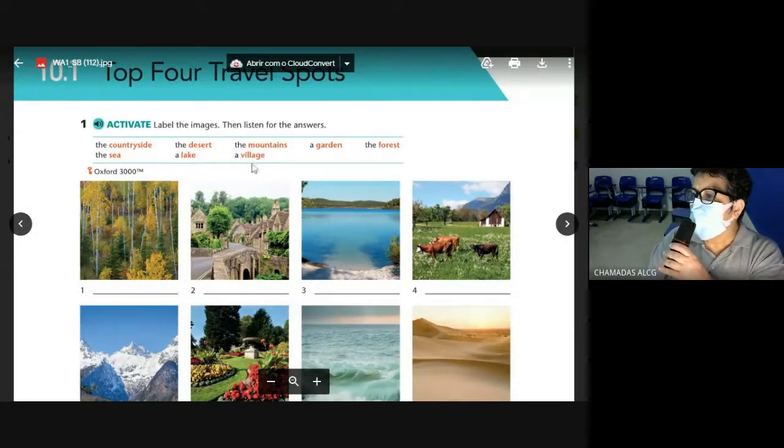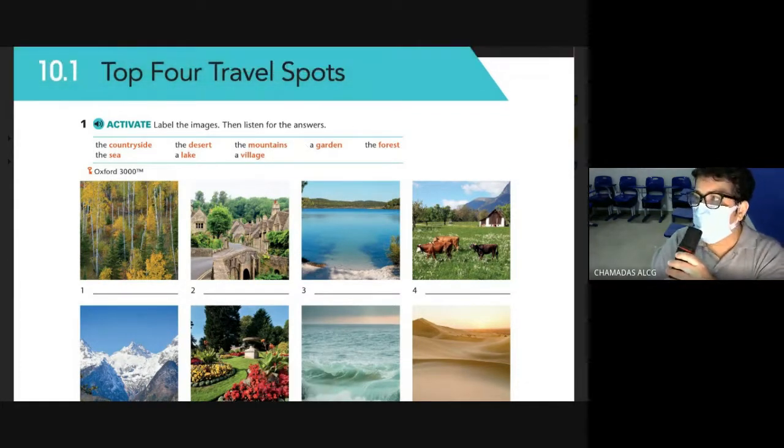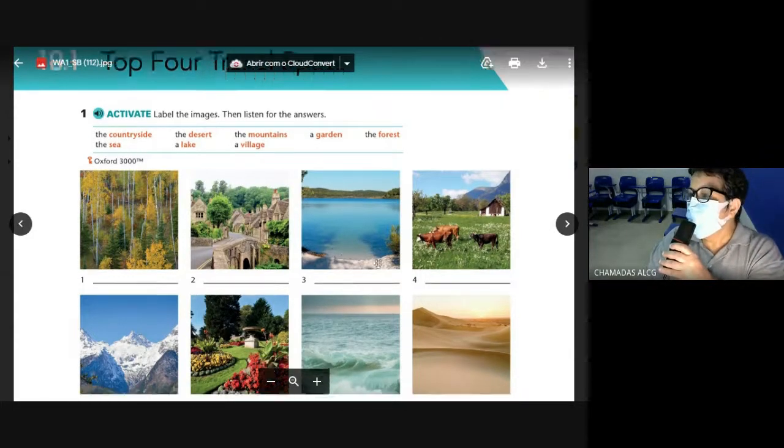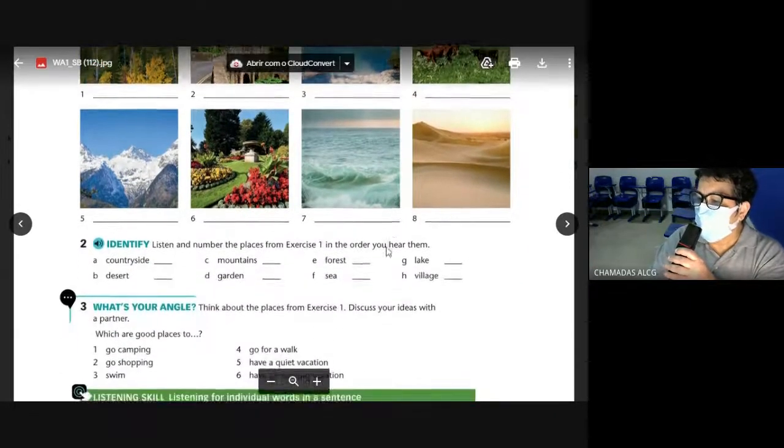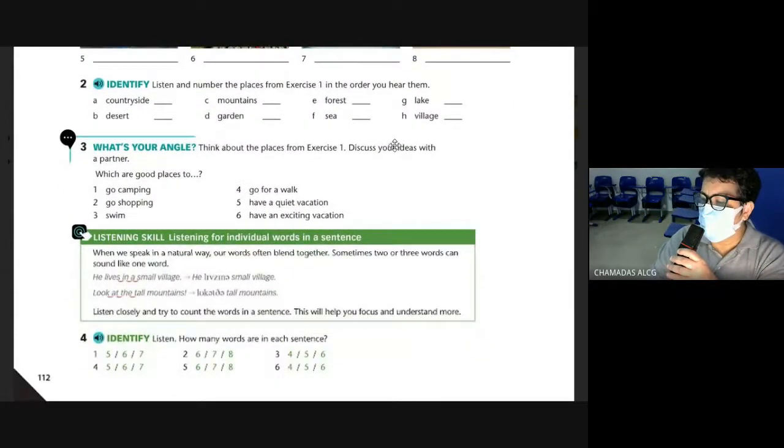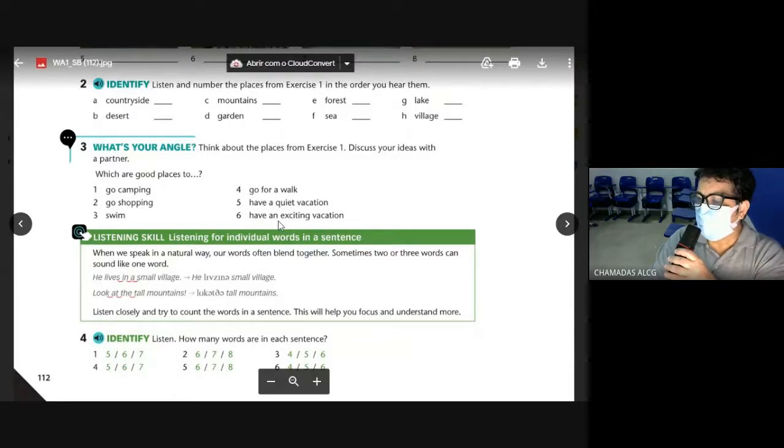This is page 112, 10.1, top four travel spots. We did this last week. I remember. I'm just showing you that this is where that question number 5 is coming from. Look, we did.